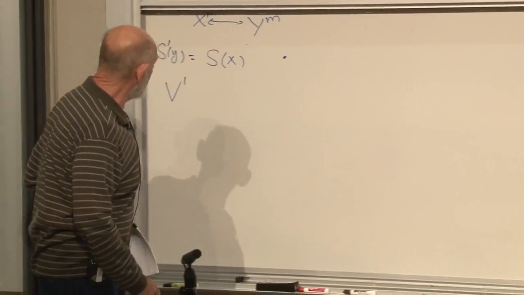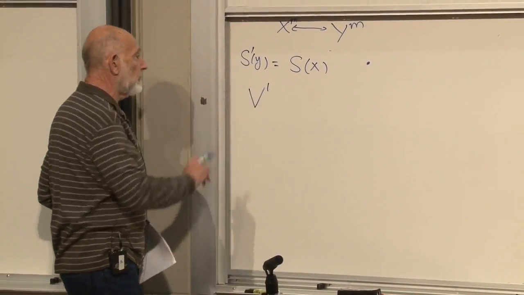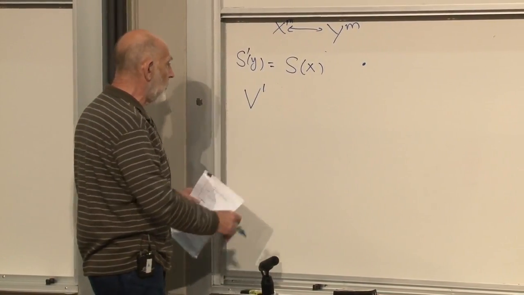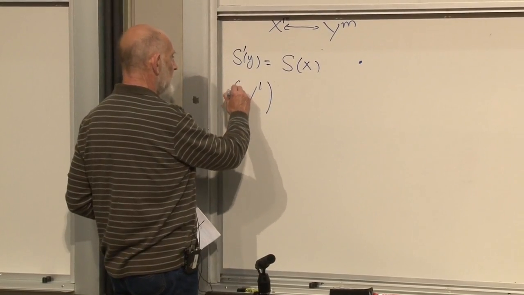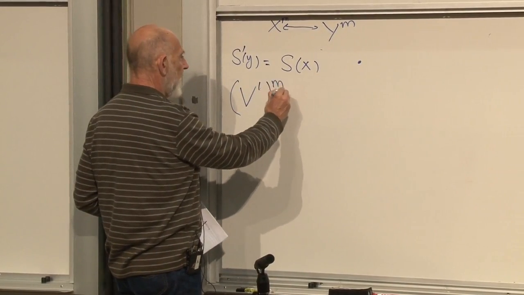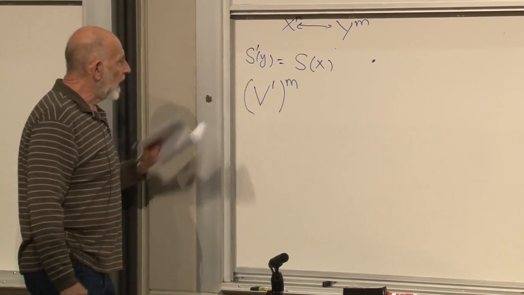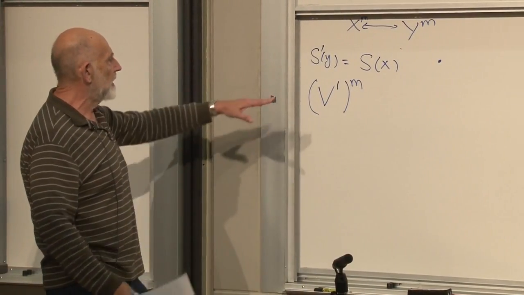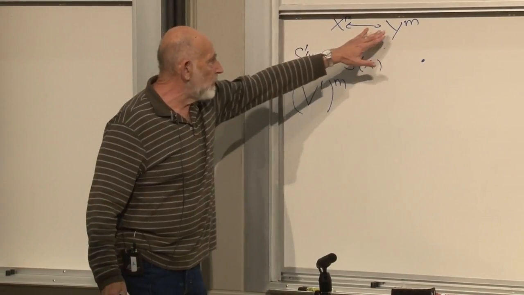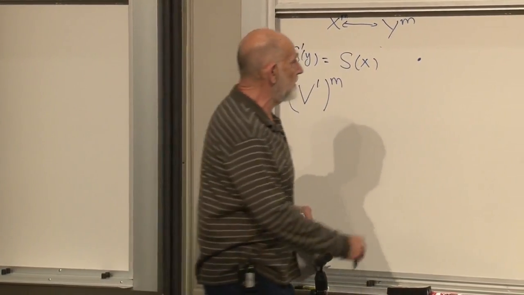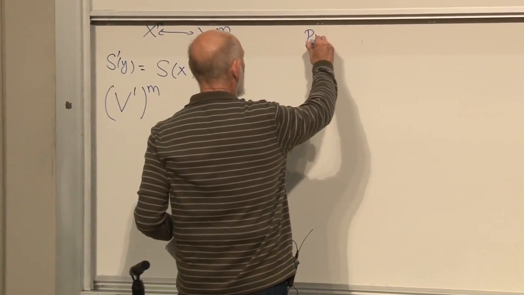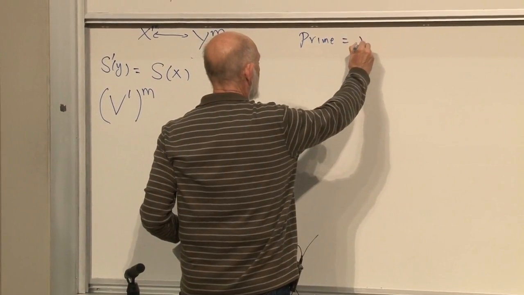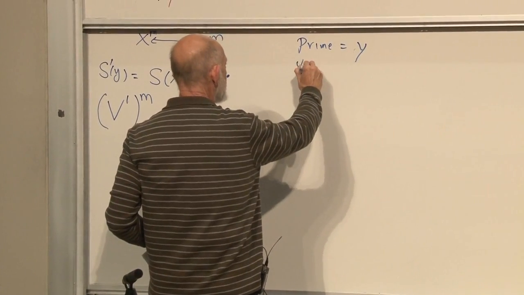So how do the contravariant components change when I change coordinates? Here's the rule. This is the mth component of v prime, where v prime means the components of v in the y coordinates. Prime means y. Unprimed means x.